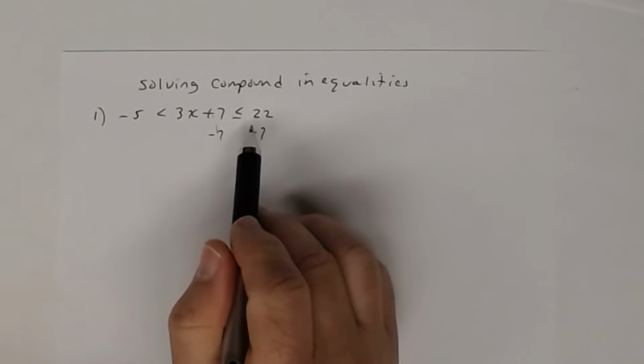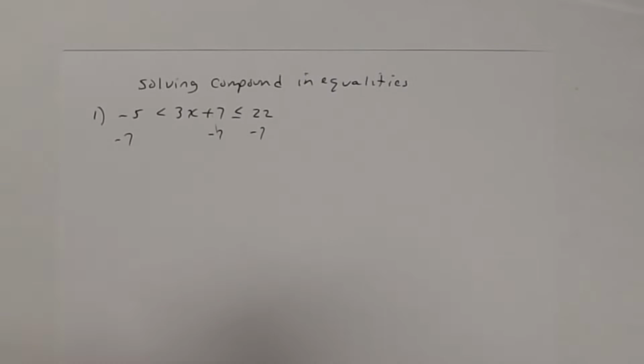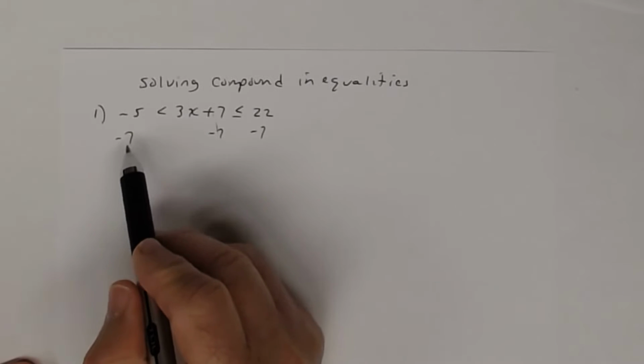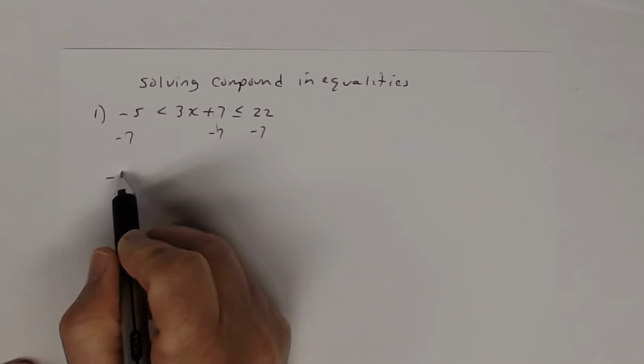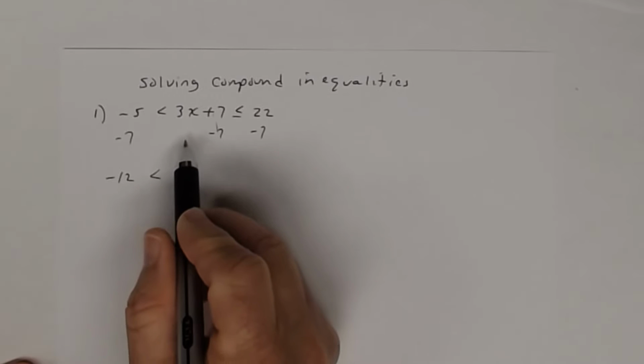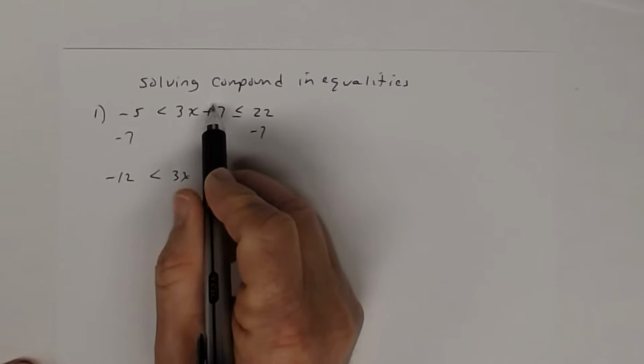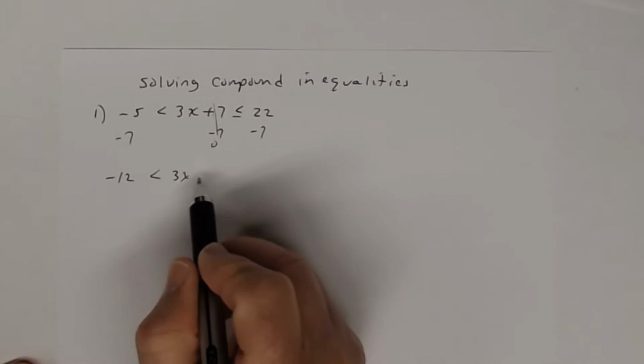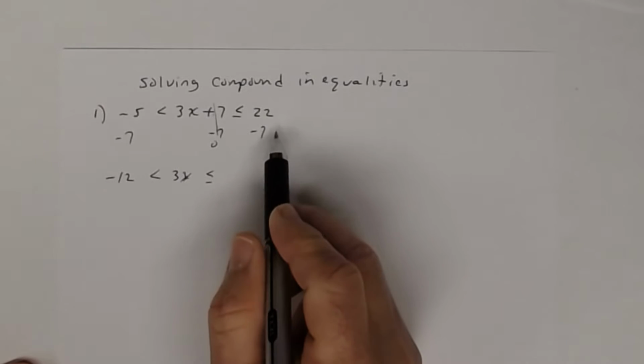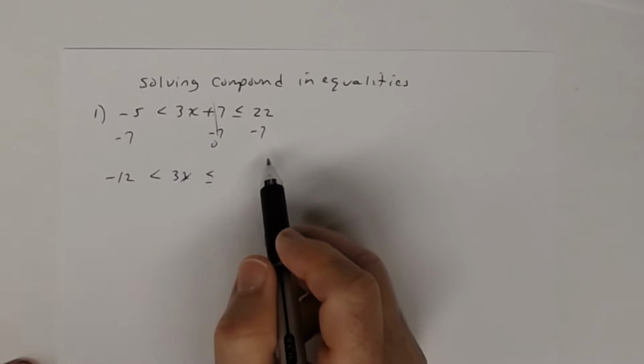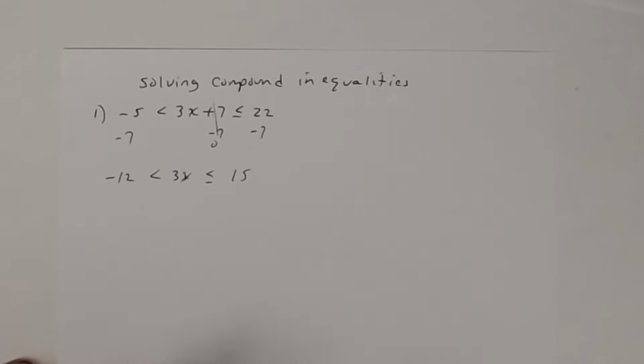So you have to subtract 7 from all parts, just like this. Combining like terms, negative 5 and negative 7 is negative 12, which is less than 3x. Positive 7 and negative 7 is 0. And that's less than or equal to, and 22 minus 7 is 15.